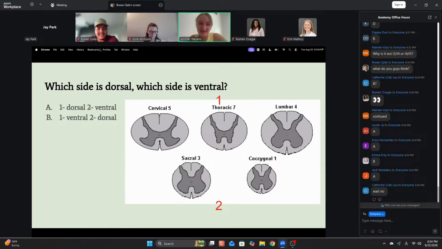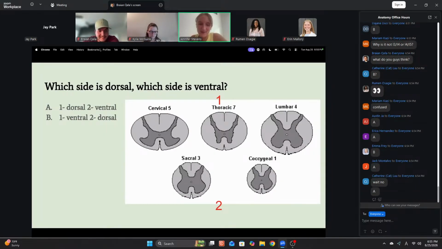Okay, yes, I'm seeing some A's, and that's the correct answer. The way I like to think about it in lab is that you can see the gray matter come out and touch the border of the spine on the dorsal side.